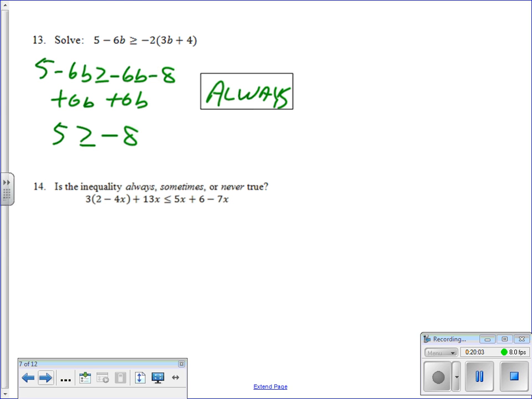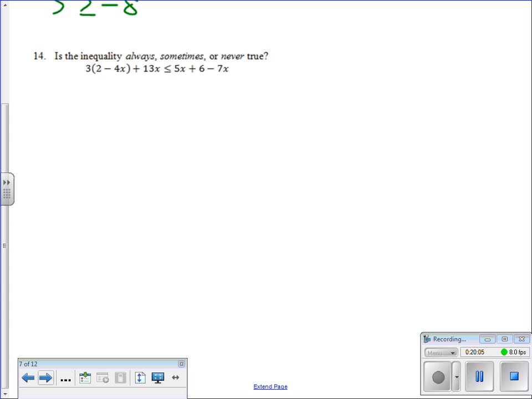Number 14 is always, sometimes, or never true. Same idea, start working it out. Distribute first. 6 minus 12x plus 13x less than or equal to 5x plus 6 minus 7x.